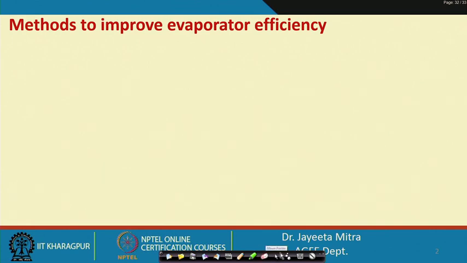So, today we will discuss the same thing, that is the multiple effect evaporator and other mechanisms by which we can increase the efficiency.